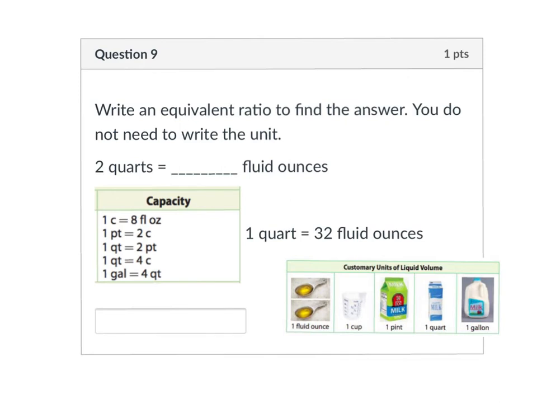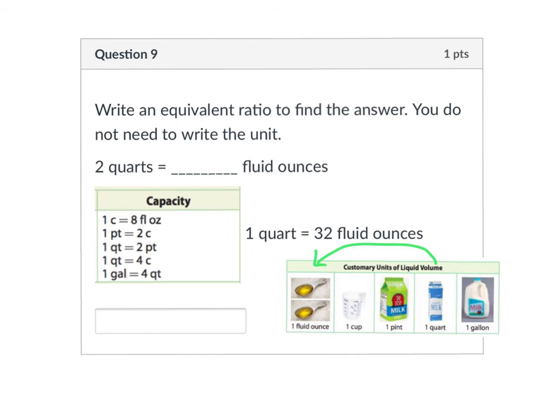Write an equivalent ratio to find the answer. You do not need to write the unit. So 2 quarts equals blank fluid ounces. So I'm going to use that multiplying trick again. So I have large to small, so horse to fly, I'm going to multiply.